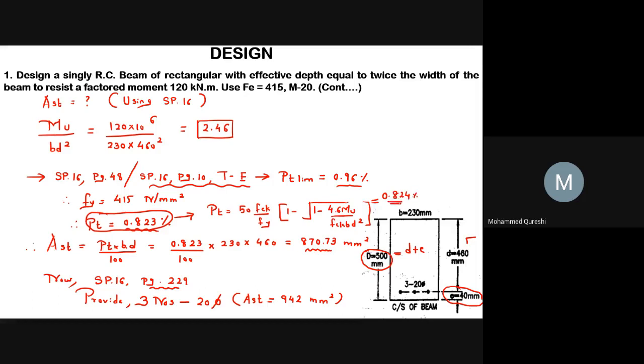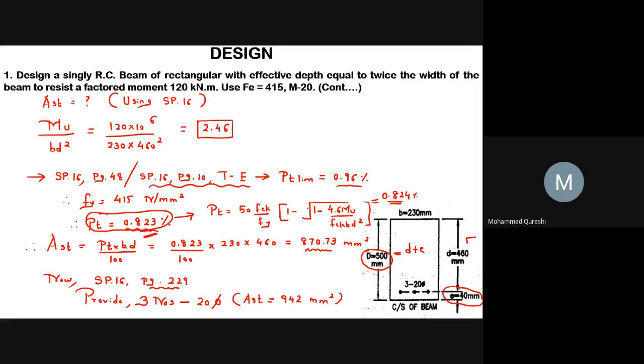0.824%, which is almost near to 0.823% that we had obtained from SP16 page number 48. Either you may use this terminology or you may go through this formula.